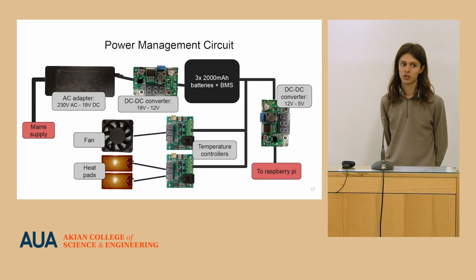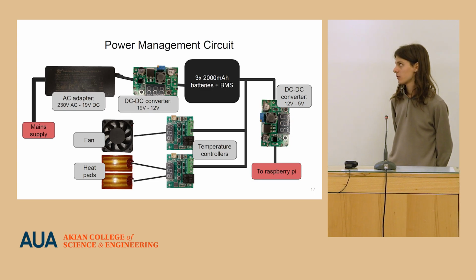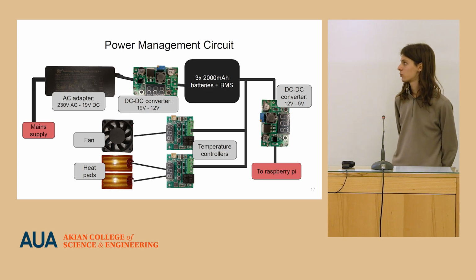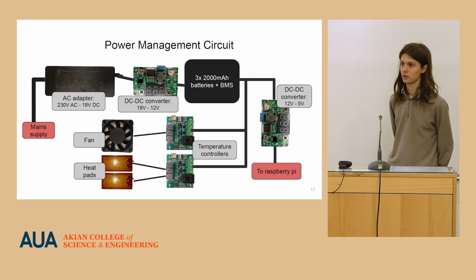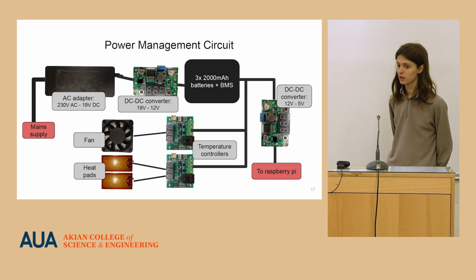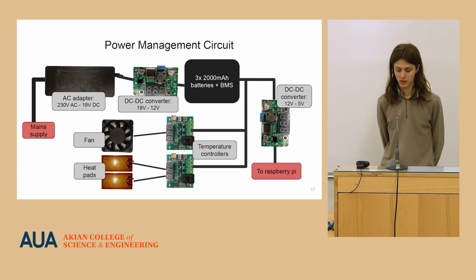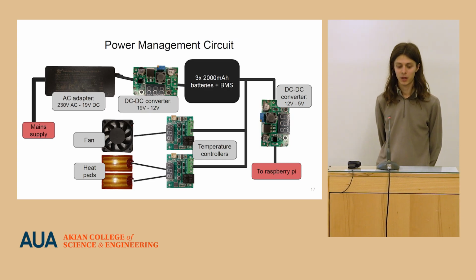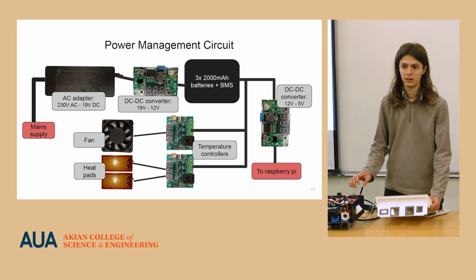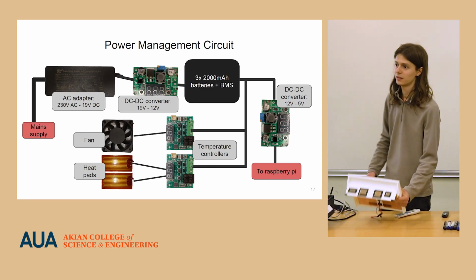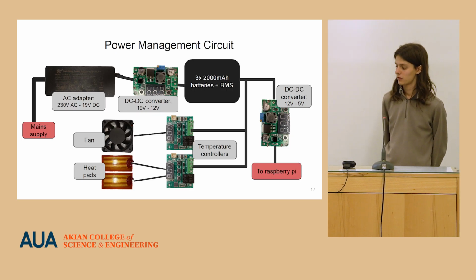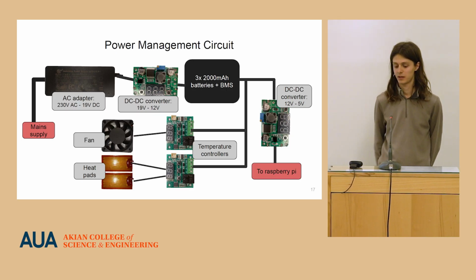It will be used to charge 2000 milliamp hours batteries, which will then provide voltage through another converter to 5 volts to the Raspberry Pi and the rest of the circuit, and also at 12 volts to the temperature controllers that will power the fan and heating pads. The heating pads are mainly present in case of snow accumulation on the top of the roof so that they can melt it away.